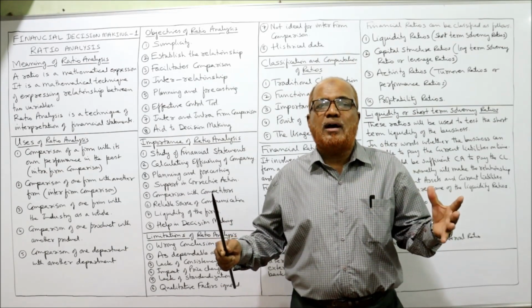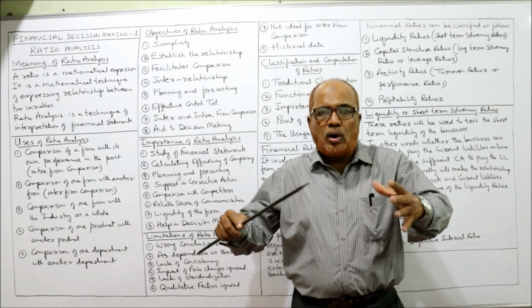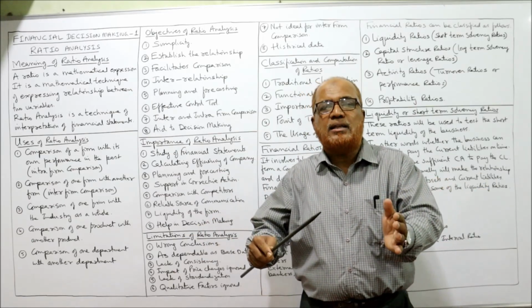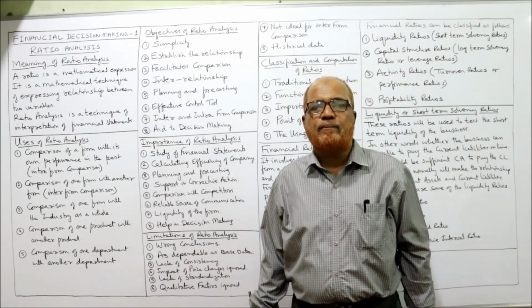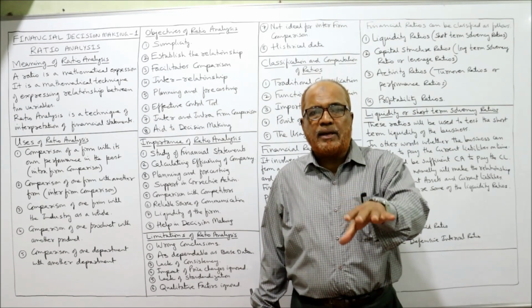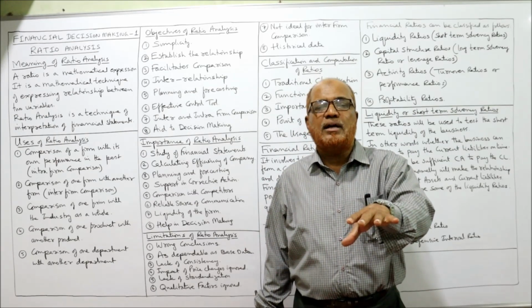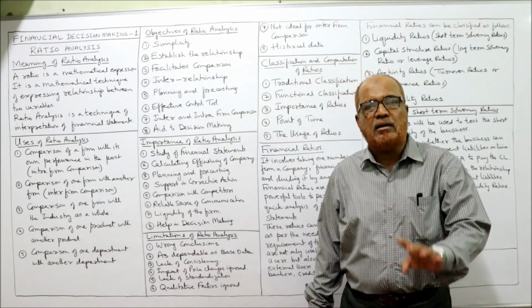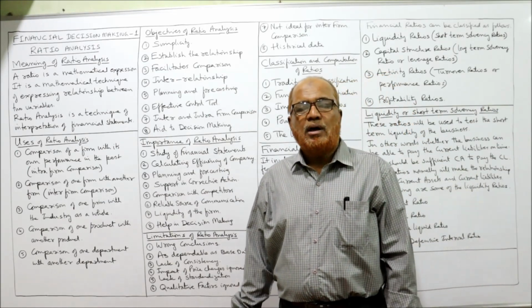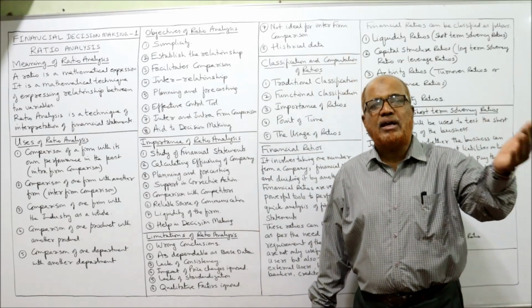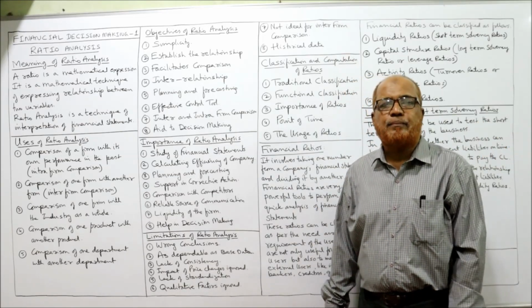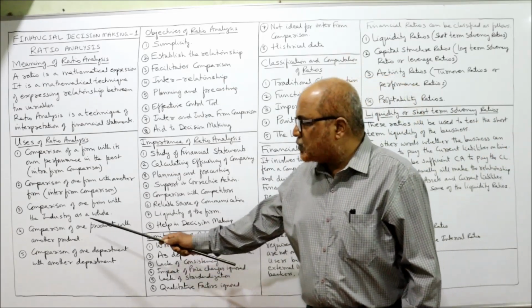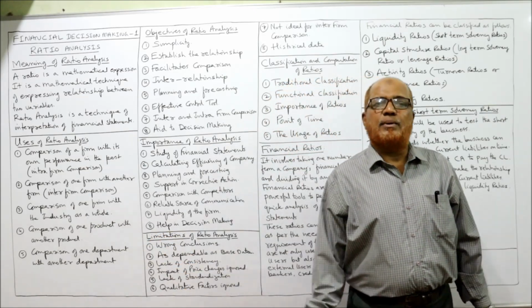So many sugar mills are there, and all the sugar mills combined together constitute the sugar industry. Now a particular company in the sugar industry wants to compare its own performance with the industry average. Again, ratios will be used. We calculate the ratio for the industry and the ratio for the company, and make a comparison.